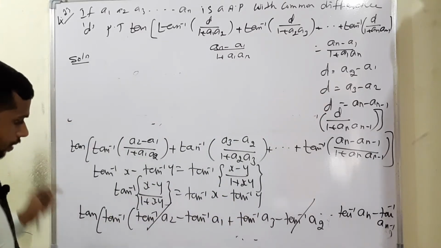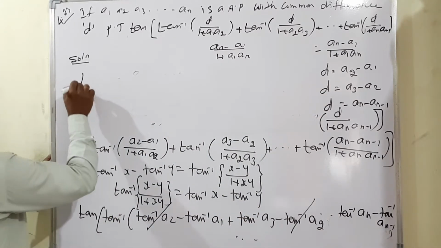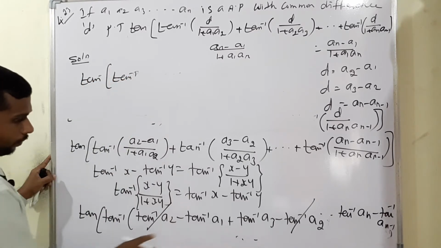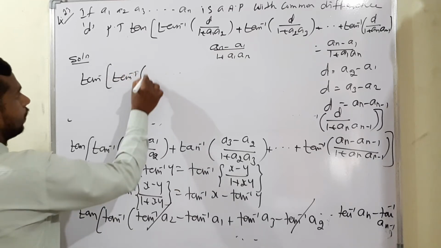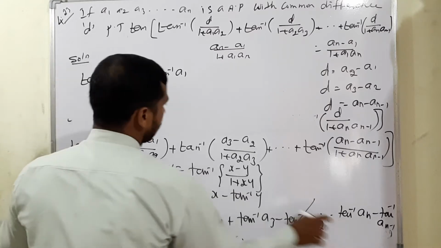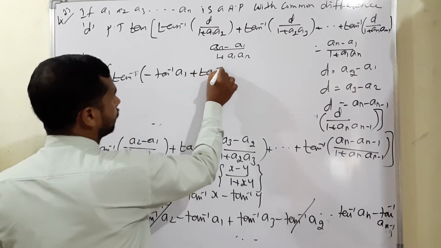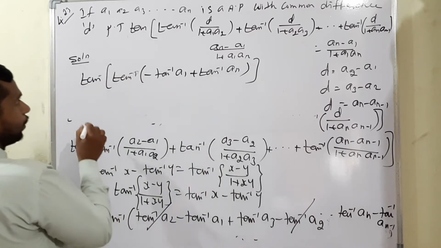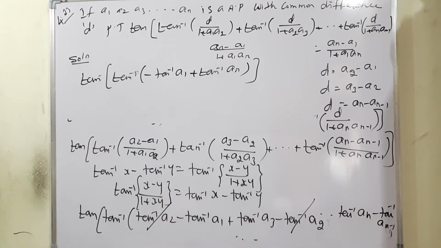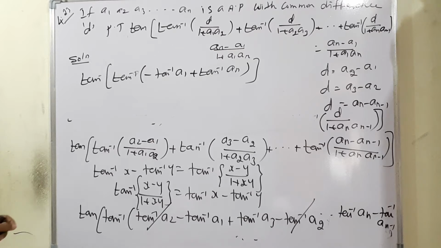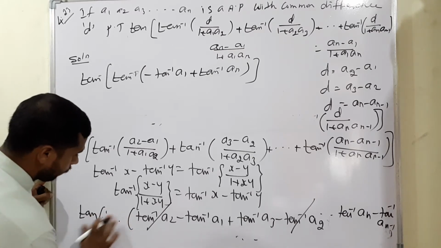Outside tan as it is, inside the tan inverse, we balance negative tan inverse a1 and, for the last term, positive tan inverse an. Starting with the positive, sorry my dear, this is what we already applied, no? Why?